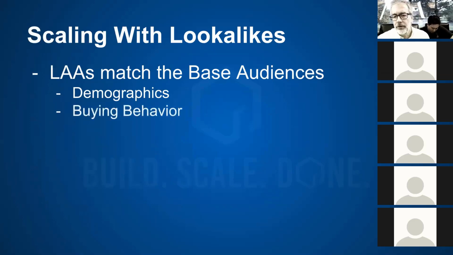The other thing that matches is the buying behavior. If you have people who are in this layer of audience that Facebook has identified as being frequent buyers, then your lookalike audience will reflect that as well. They will also have an abundance of frequent buyers in it.